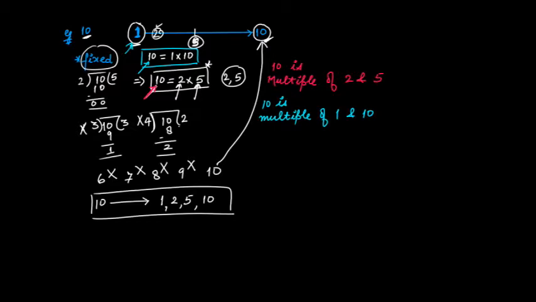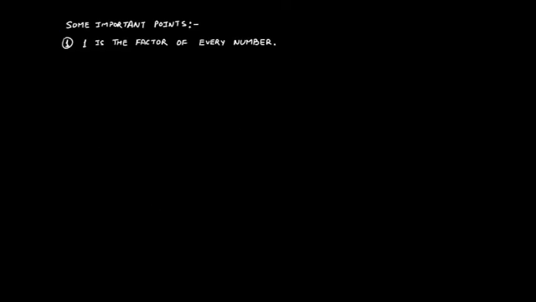The number 1 is always a fixed factor of any number, and the next fixed factor is the number itself. In this example, for 10, 10 is one fixed factor and 1 is the other.